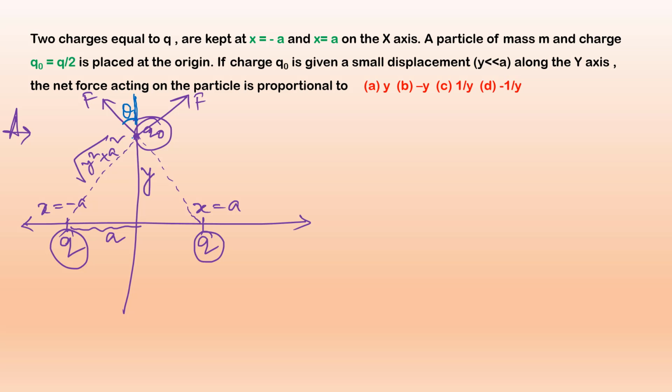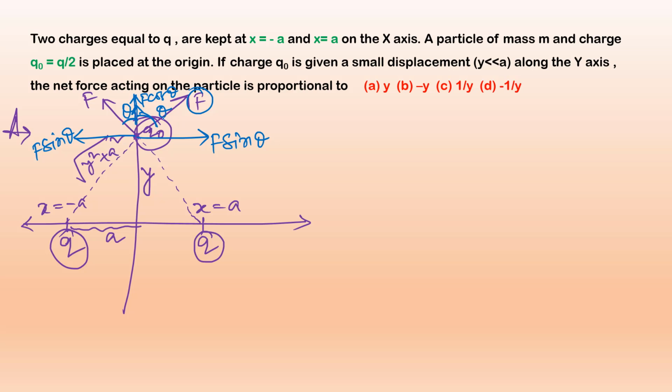So if it is the angle theta, along this the f sine theta component will work, and along the base obviously the f cos theta component will work. Similarly, we'll find this for the other force also. This is the angle theta, and along this direction the f sine theta component will work, and along this direction another f cos theta will work, right?